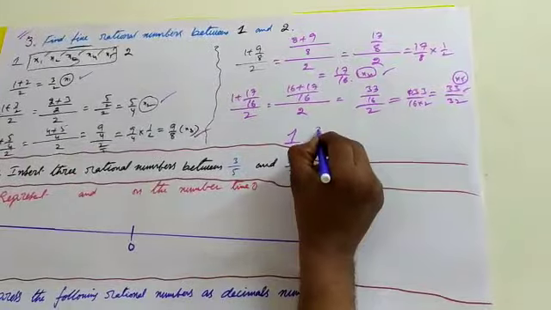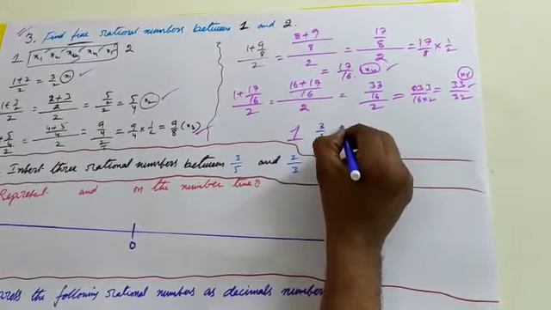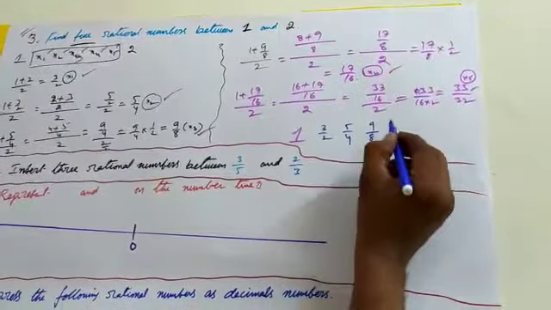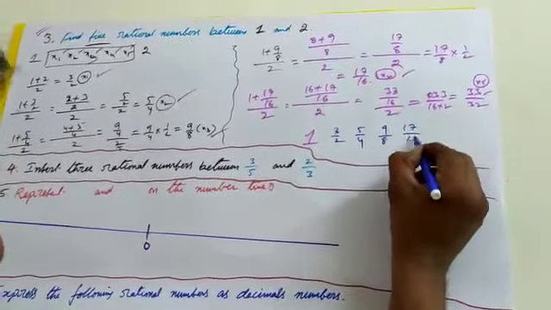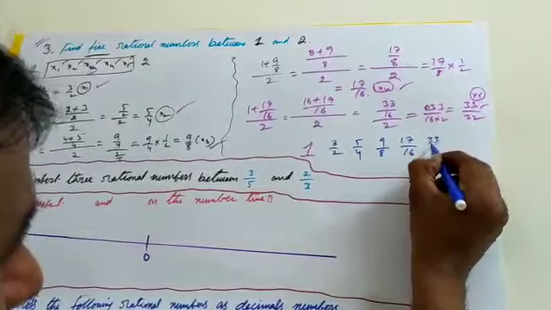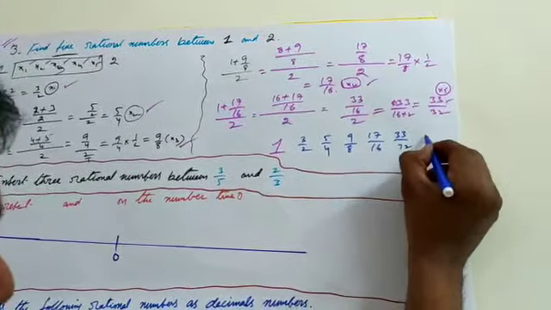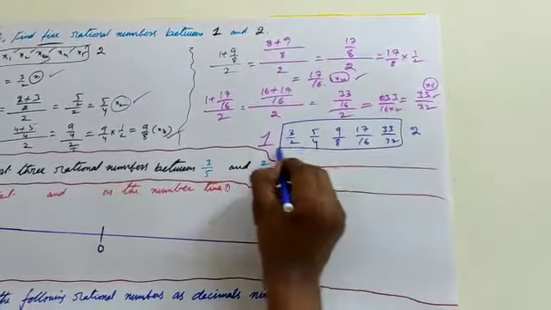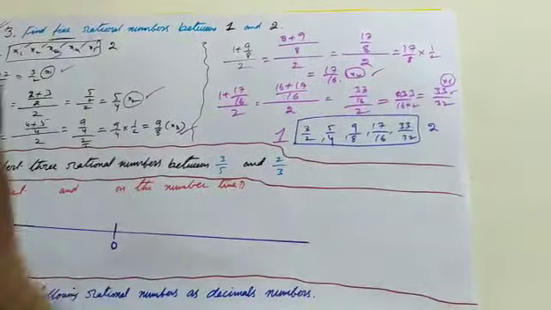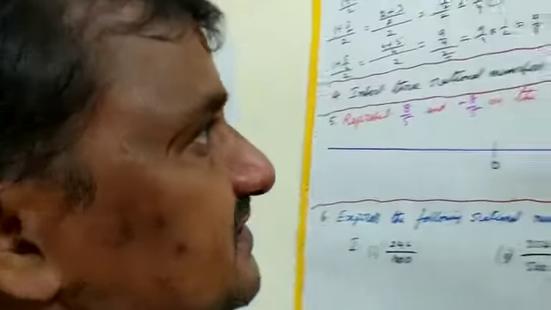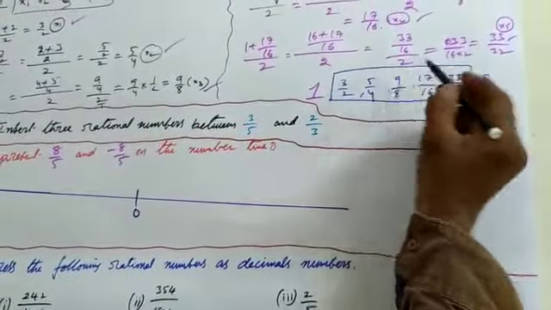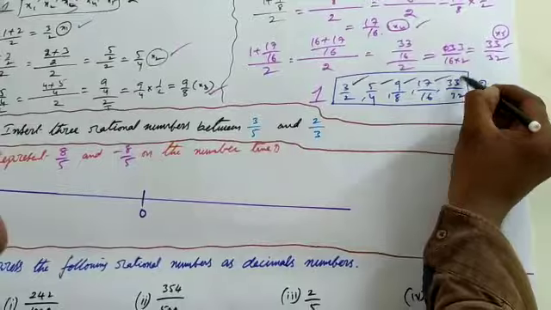Therefore 3 by 2, next 5 by 4, next 9 by 8, next 17 by 16, next 33 by 32, then 2. These are the 5 rational numbers in between 1 and 2.